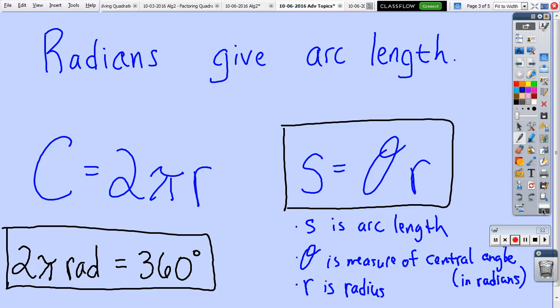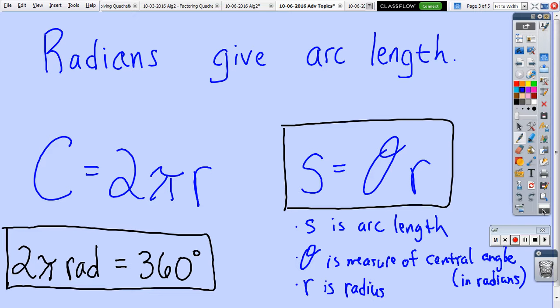And so, like I said before, 2 pi radians is equal to 360 degrees. That's the conversion factor that we're going to use to convert degrees to radians, or radians to degrees if we had to. But typically you'll be converting degrees to radians. That's the more practical application of it.